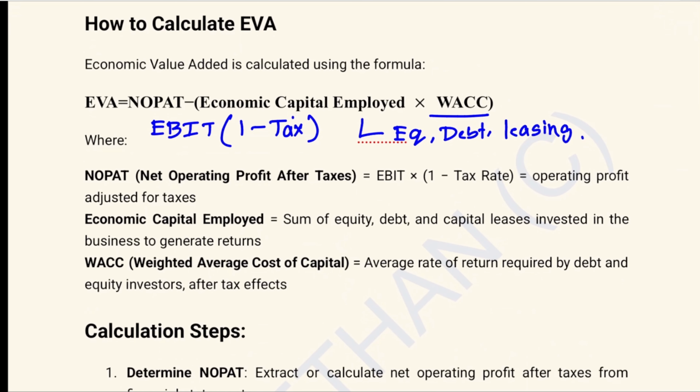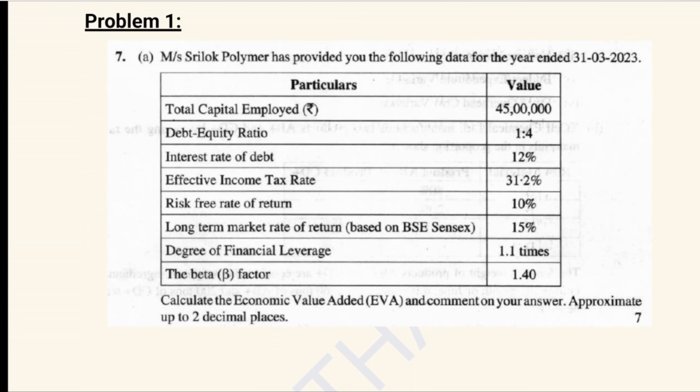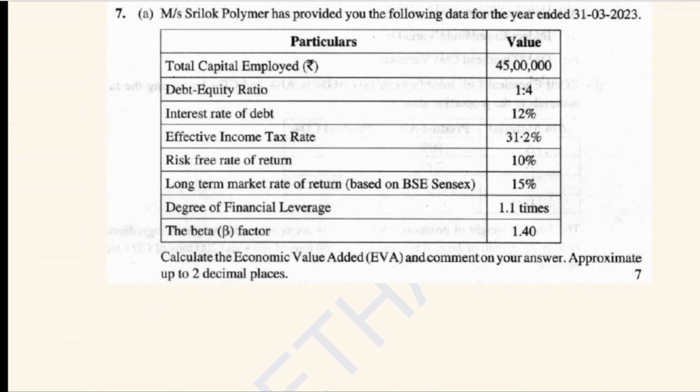To simplify this, we will take an example and try to solve. I will pause here, read the questions, identify the factors, then we will continue. Now, total capital employed, your CE, is 45 lakh. Debt equity ratio 1:4. What is the meaning of this?